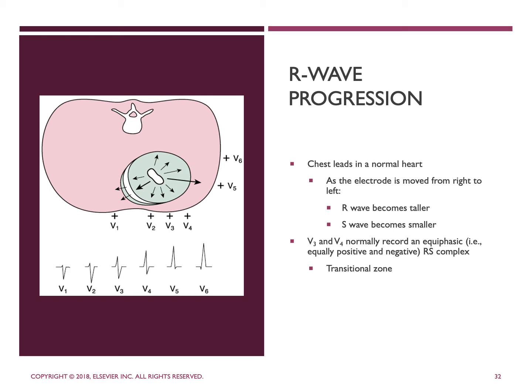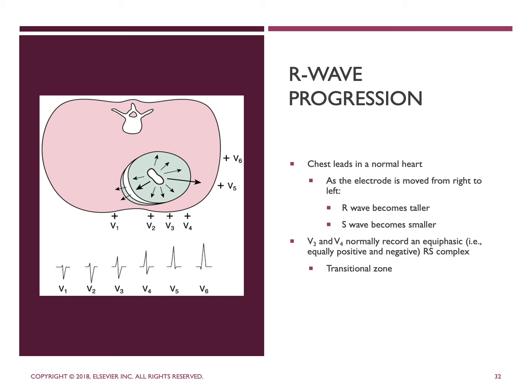In V1 and V2, the QRS deflection is predominantly negative, meaning it's moving away from the positive chest electrode. This reflects depolarization of the septum and right ventricle, a small R wave, and the left ventricle, a large S wave.